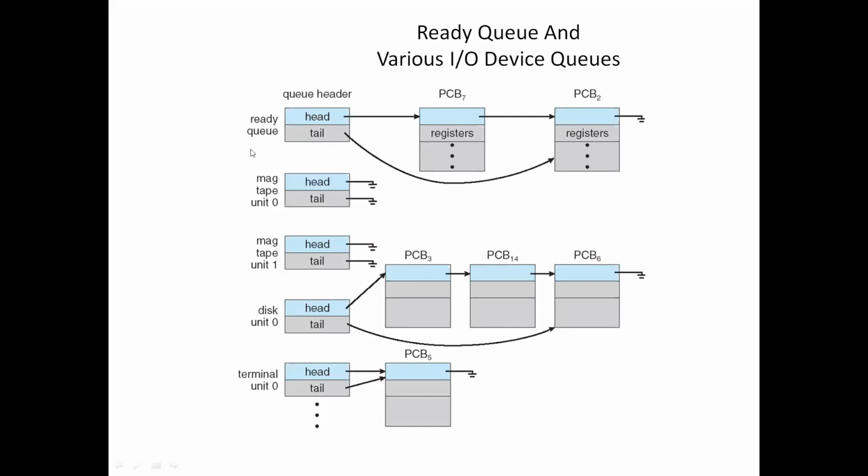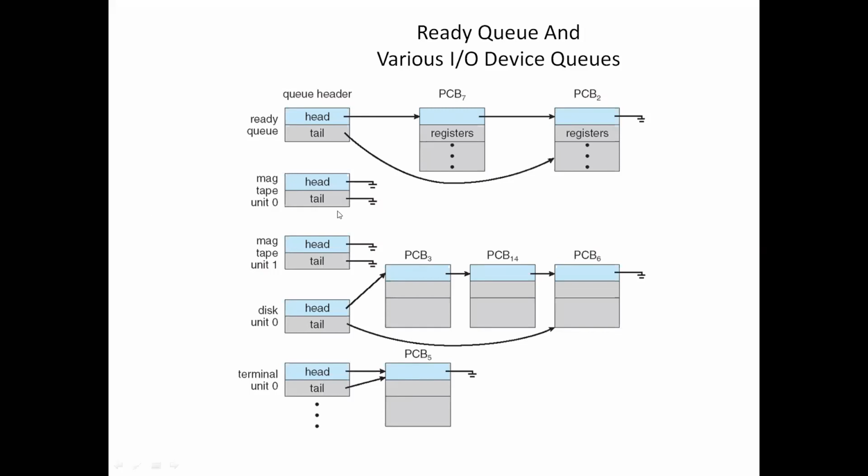In the ready queue there will be many processes. The first process will be pointed to by the header, and the final process will be pointed to by the tail. PCB is the process control block, which consists of process information, as we discussed in the previous session.